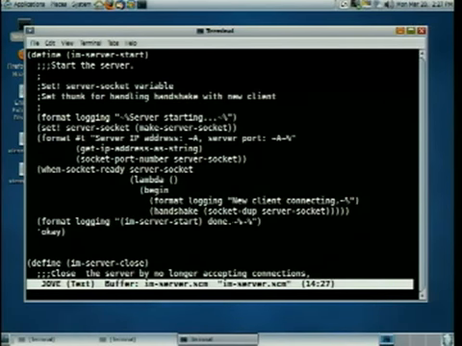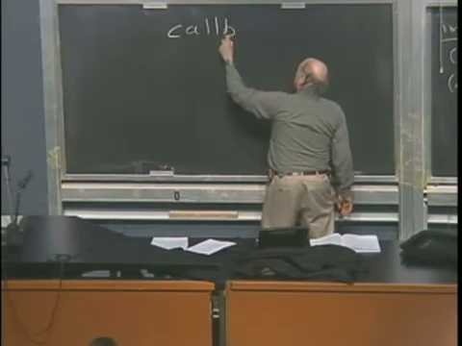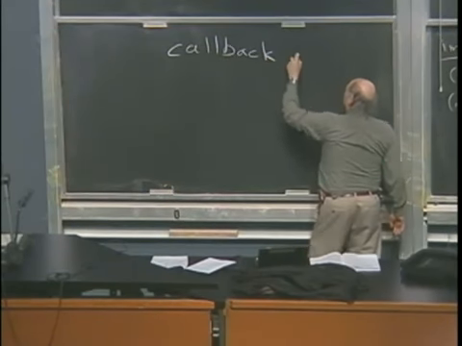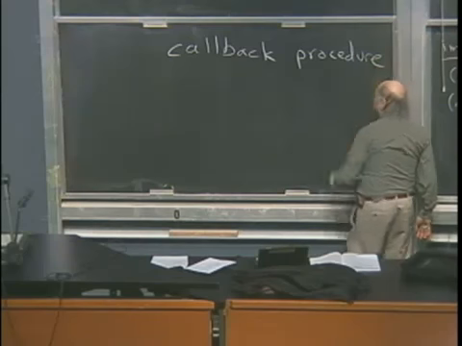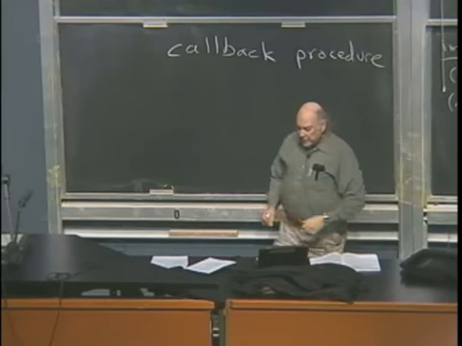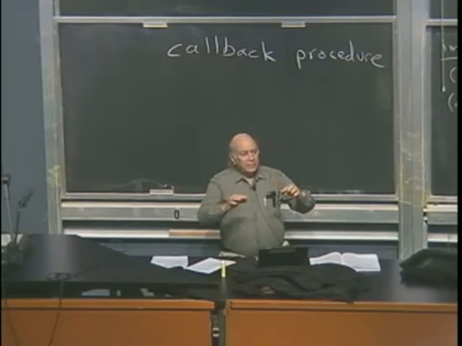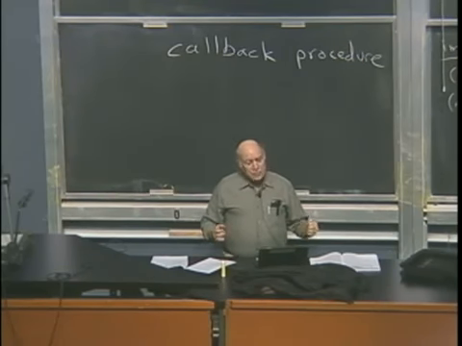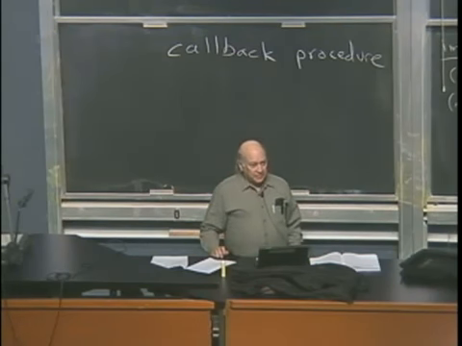And the second one, the big important idea, so important that I'm going to write it down, is a callback procedure. When-socket-ready doesn't sit there stuck until somebody connects to the socket. When-socket-ready returns instantly.